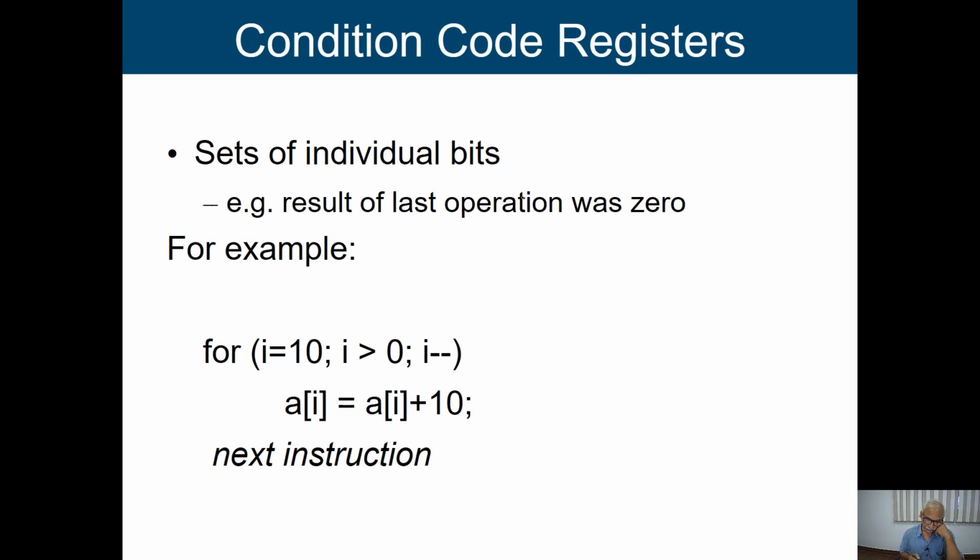Now consider an example, a segment of C code: for i equal to 0, i is greater than 0, i minus minus, a[i] equal to a[i] plus 10. Then we have the next instruction. Here we are comparing whether i is greater than 0, then we execute this instruction again and again, and it will execute 10 times.